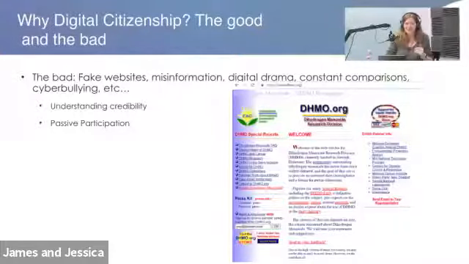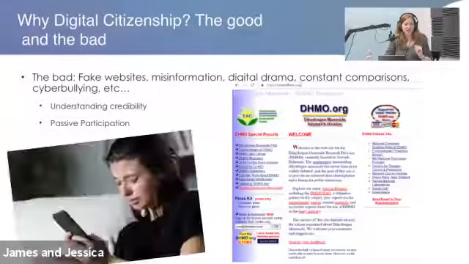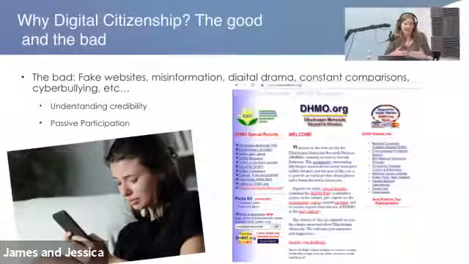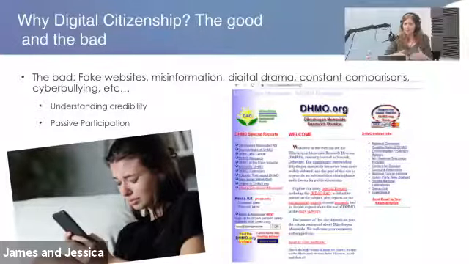So dangers of water. We have misinformation out there. We have digital drama, people just trying to post stuff for a reaction. We do have things like cyberbullying. So there is that bad out there. It's important for students to start understanding ways to avoid it, and that they don't always have to run to a trusted adult to see what's good or bad, but that they can start making those decisions for themselves.